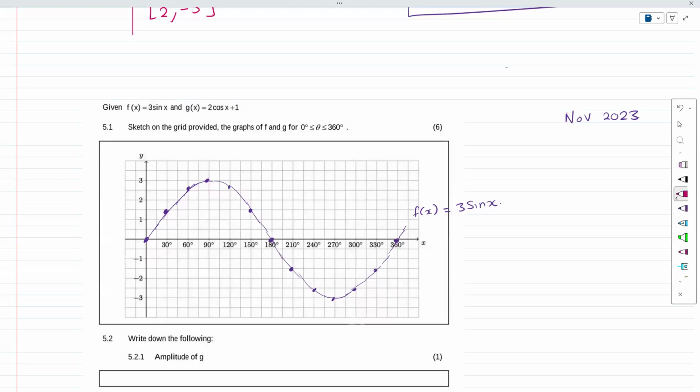If I do the other one, let's start again.